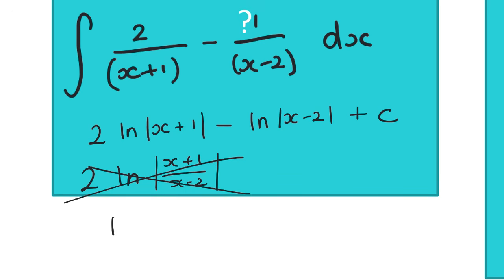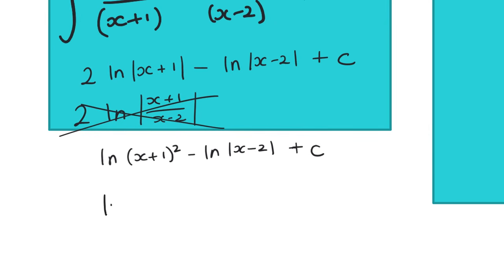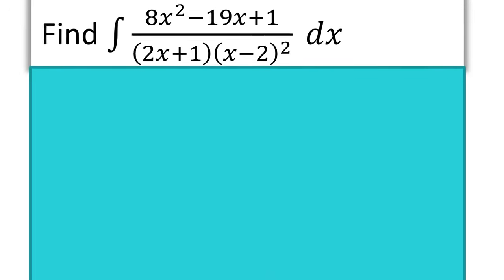So this becomes ln of x plus 1 squared minus ln of x minus 2 plus c. Now we can divide. Ln of x plus 1 squared over x minus 2. Remember, it's a modulus of this, yeah? Plus c.